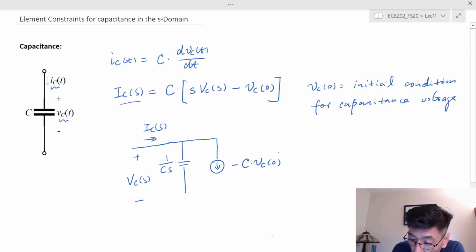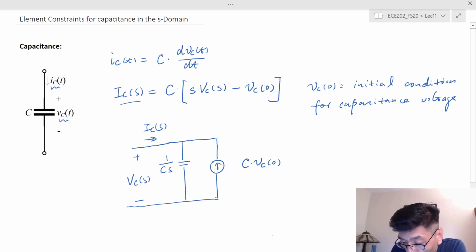So instead of keeping the negative, I flip the arrow and I get rid of this negative sign here. So I flip the arrow like this, and this is my equivalent circuit based on the differential equation, right?